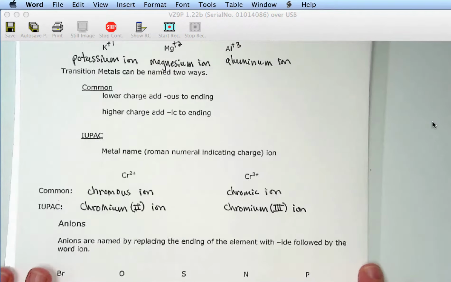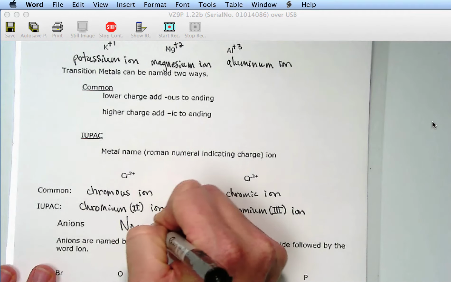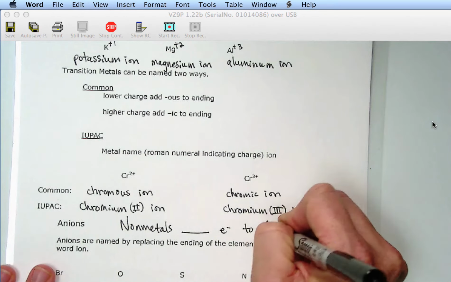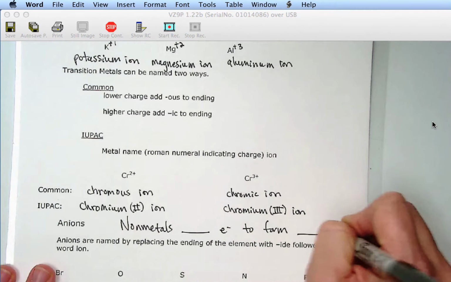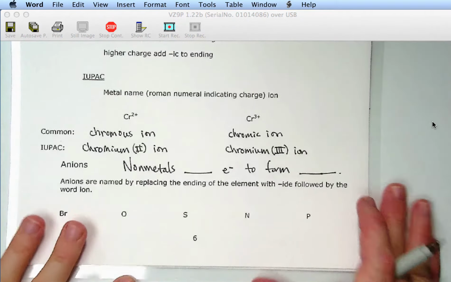Non-metals gain electrons to form anions.